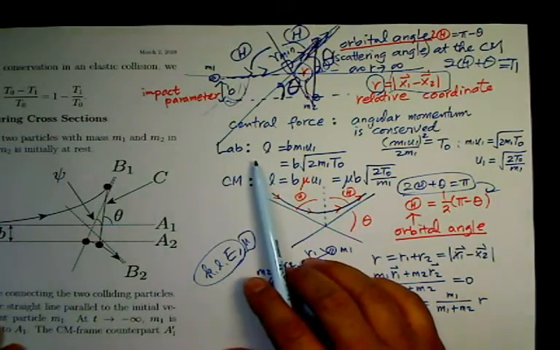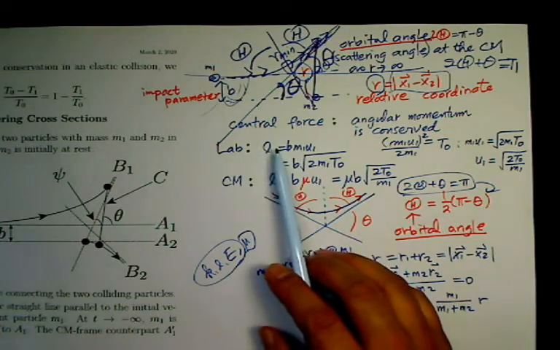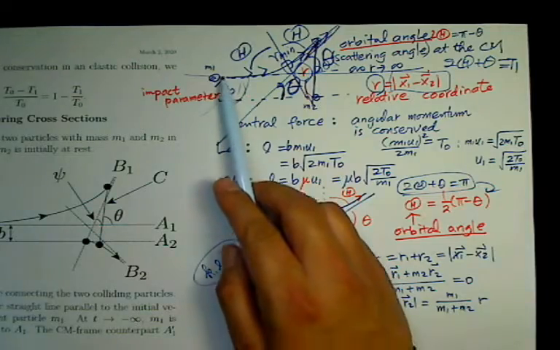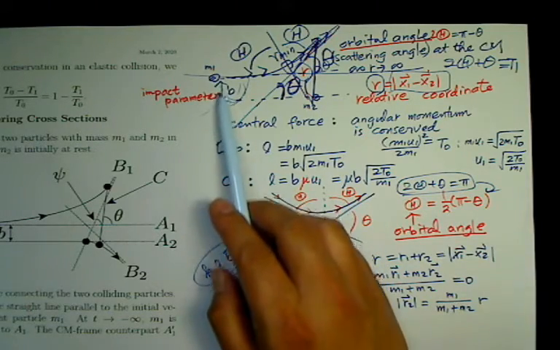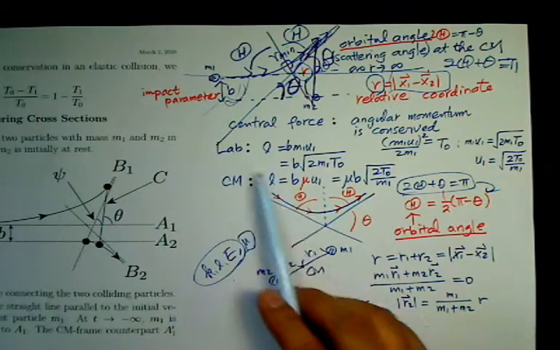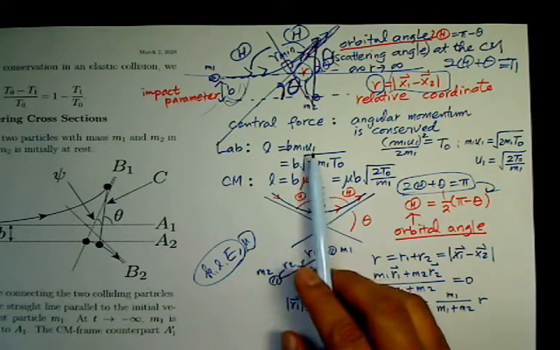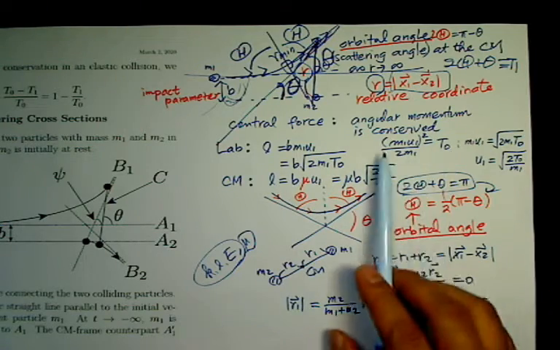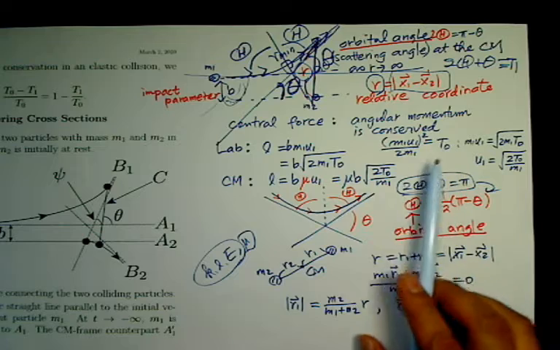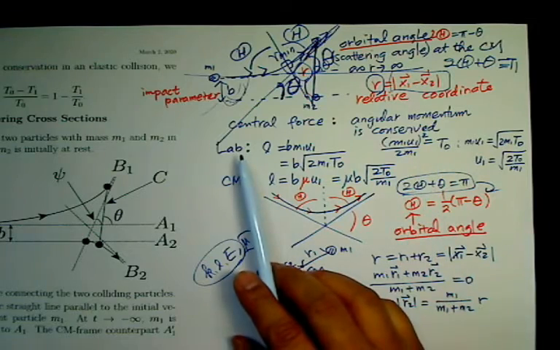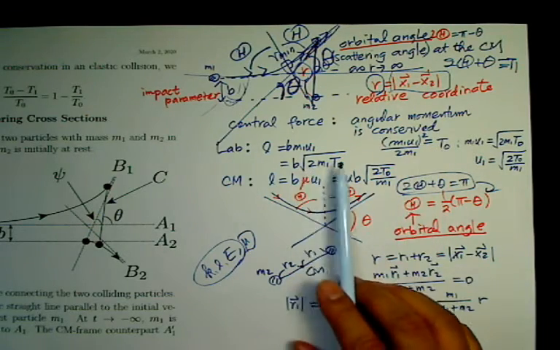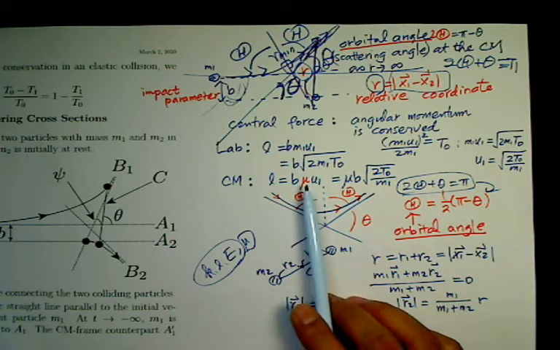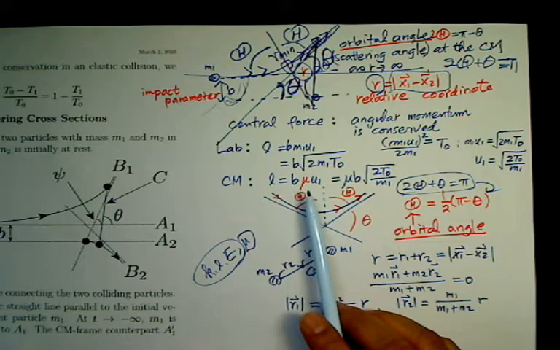So at the lab frame, the orbital angular momentum L is completely determined by the momentum multiplied by the impact parameter, r cross p. So the impact parameter multiplied by M1 U1. And M1 U1 can be expressed in terms of the incident particle's kinetic energy at the lab frame. That is expressed in this way. At the CM frame, the same is true, except that we replace M1 by the reduced mass mu.